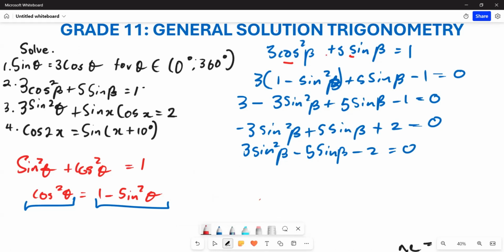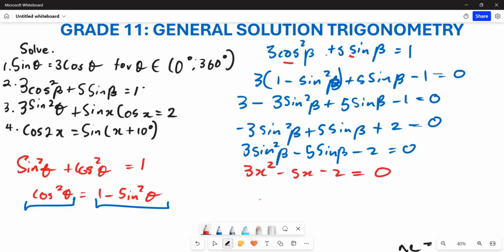Ordinarily, this is just like your quadratic equation, because if I replace sine of beta with x, can you see that this is going to be 3x squared subtract 5x subtract 2 is equal to 0.